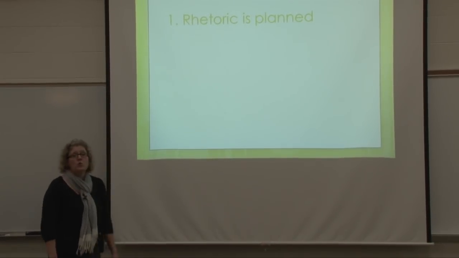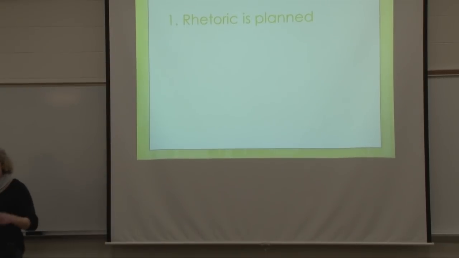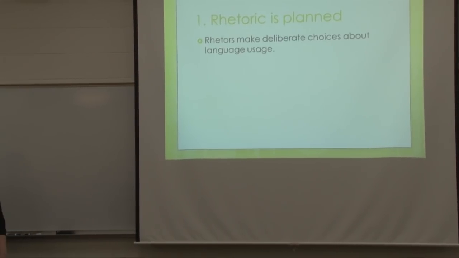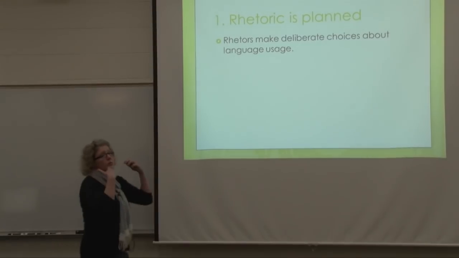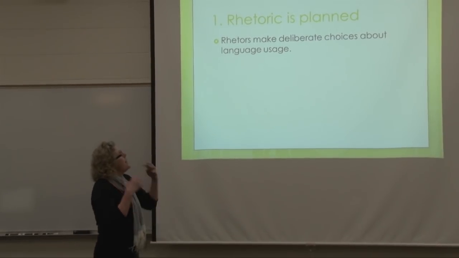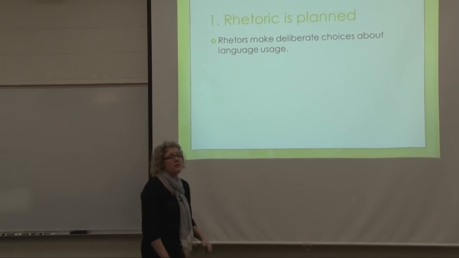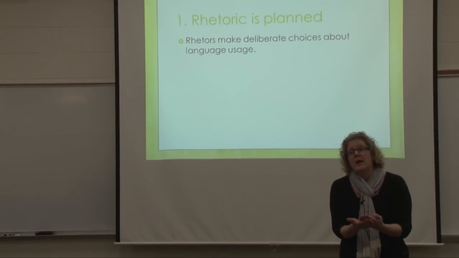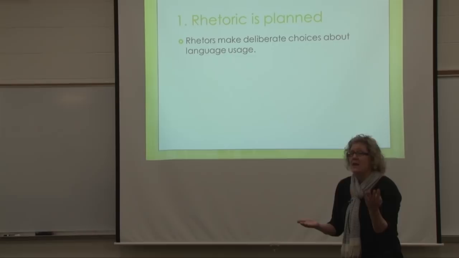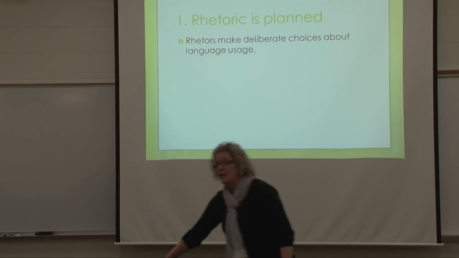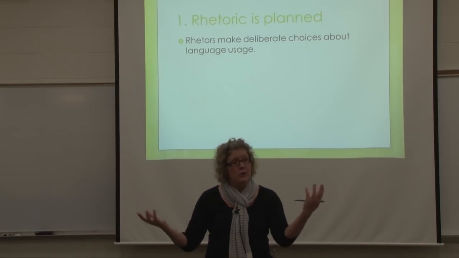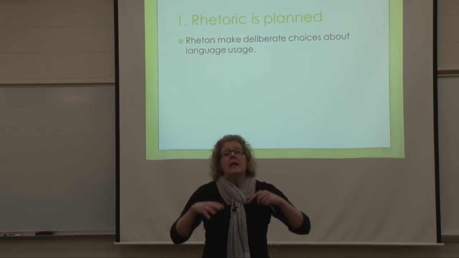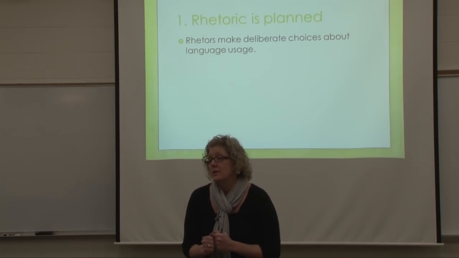Okay, first one, rhetoric is planned. We know this. Rhetors, writers, speakers, make deliberate choices about language use. We have talked the entire semester, and part of what has been emphasized in the preface to the Blugold Guide, and really the preface for this whole course, is that writing is about choices.